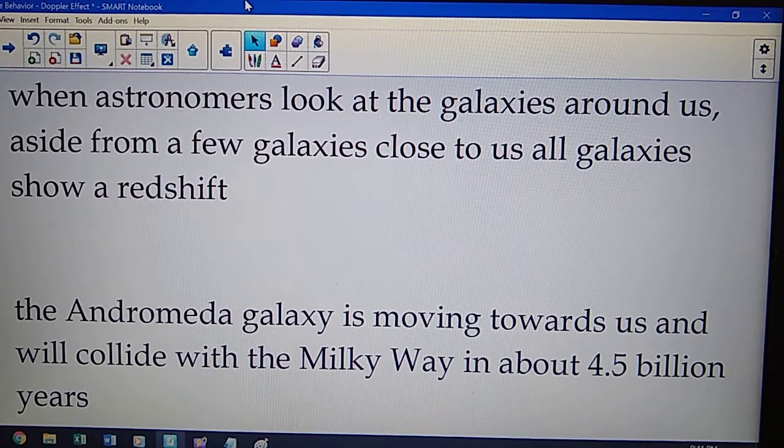Now, because the galaxy is mostly empty space, we don't actually anticipate anything running into each other, but it will be a pretty spectacular show from a distance. Don't worry about it. In 4.5 billion years, the Earth will probably be long dead, so we won't really be around to see it unless we've left the planet, but it's still pretty interesting.